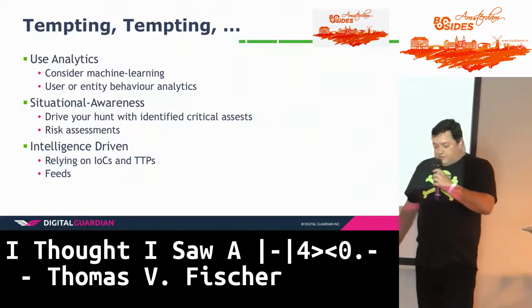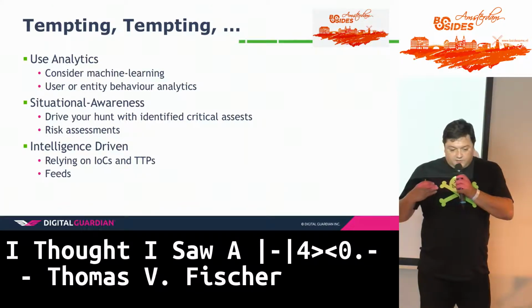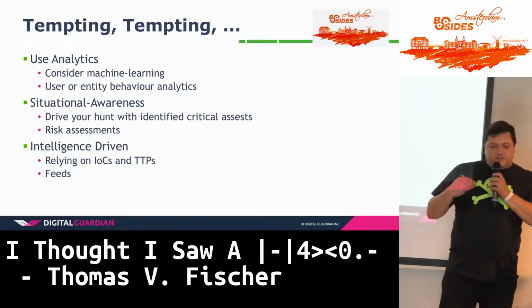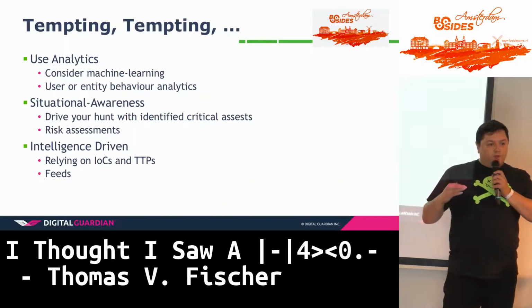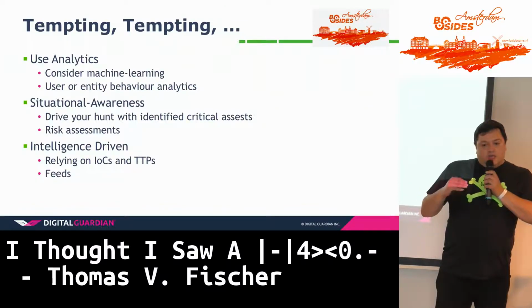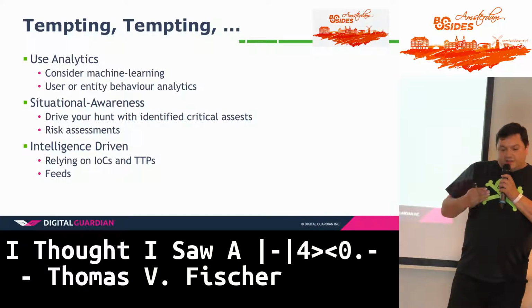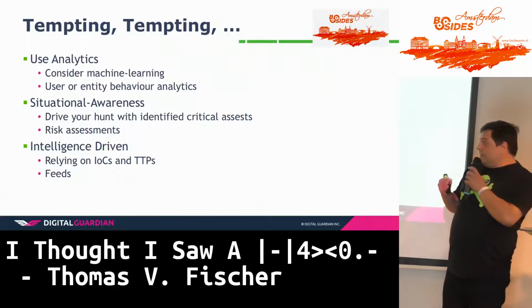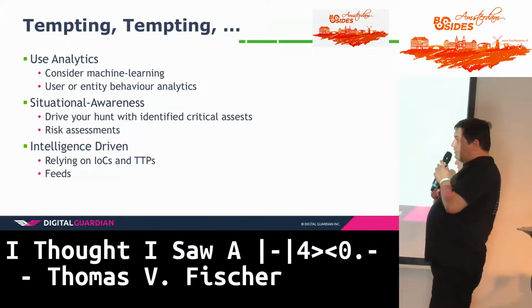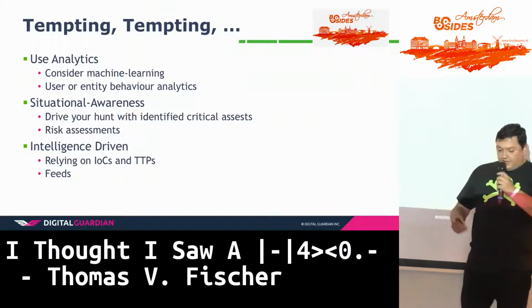There are a lot of tempting technologies out there to consider when you're doing threat hunting. The idea is that you want to reduce the amount of work and information you have to go through, because you're going to be going through a lot of information. So you start applying solutions that reduce the noise, matching against IOCs and TTPs, matching against feeds.